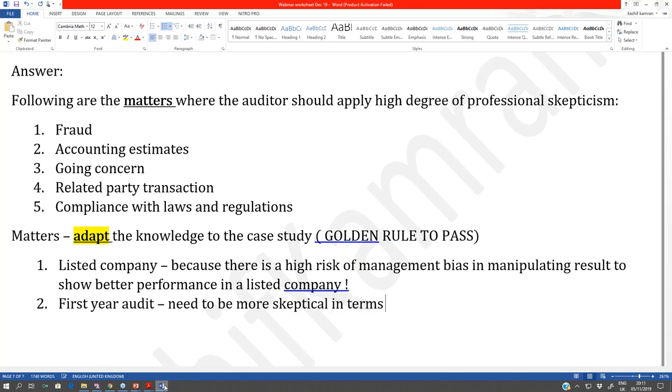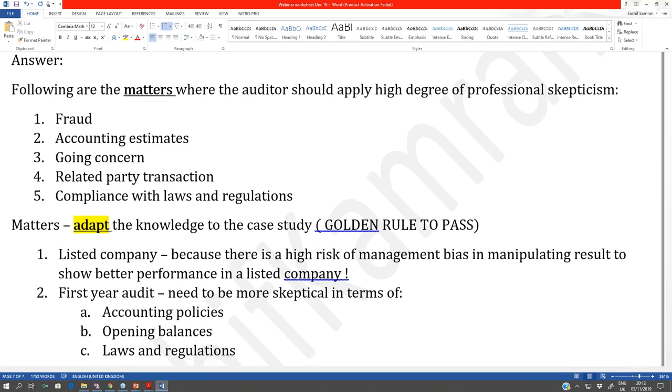In terms of what? It's my first year audit, so I need to be more skeptical in terms of accounting policies, in terms of opening balances, in terms of laws and regulations, because I have no idea of Bassett.